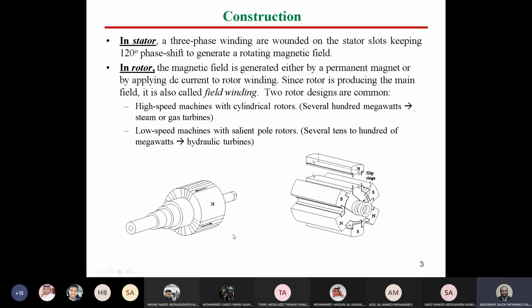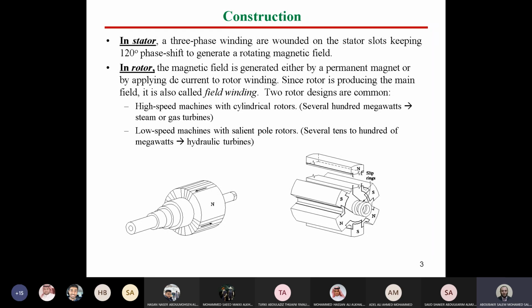And in this type of rotor, the diameter of the rotor itself is small, and this can be used for high-speed turbines. Now we are going to focus our discussions mainly on synchronous generator, because it's the majority now in our industry.